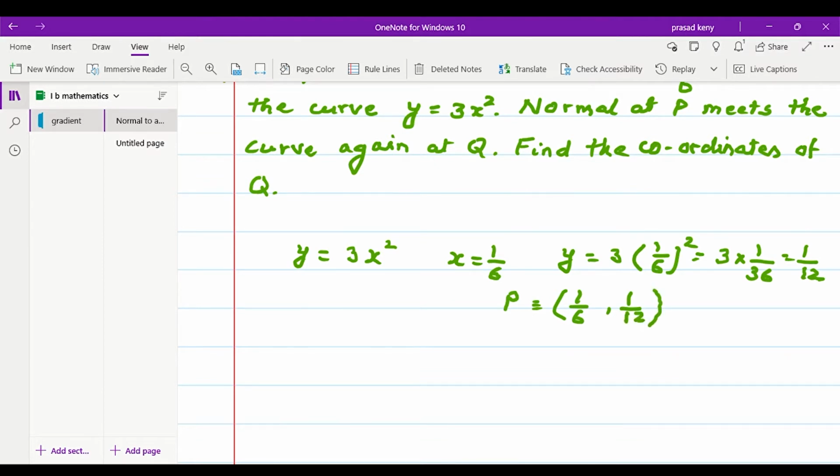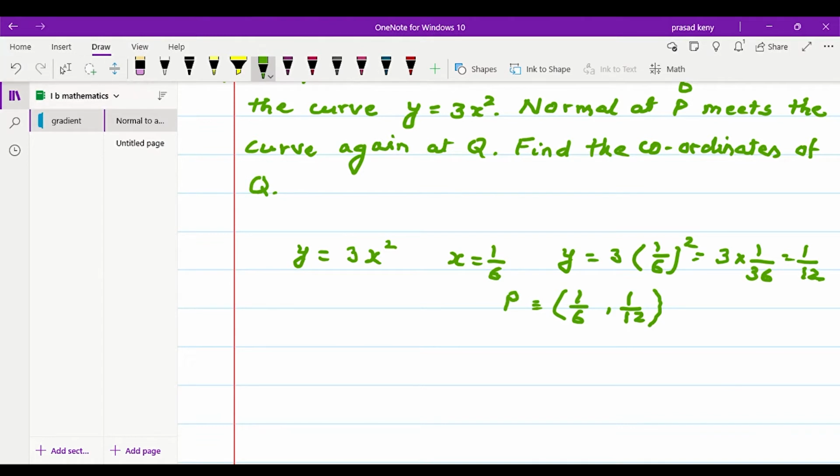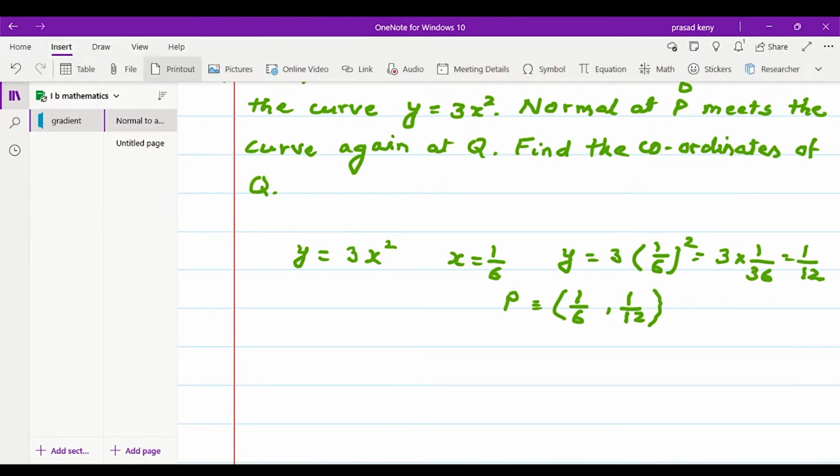So to make the problem clear, I will just put a graph here so that you can understand the problem very easily.